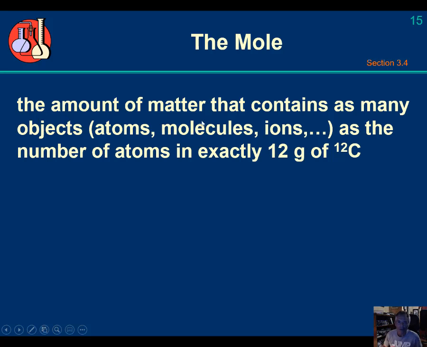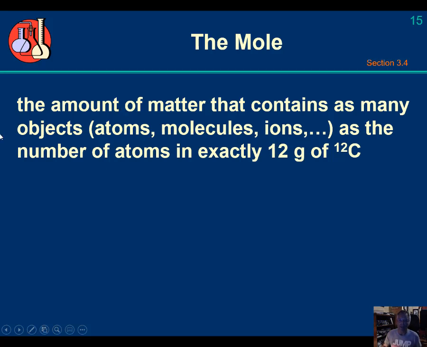The mole is the amount of matter that contains as many objects, that's atoms, molecules, ions, could be basketballs, marshmallows, hockey pucks, really anything, but it's really only useful for tiny, tiny submicroscopic particles like atoms, molecules, and ions.